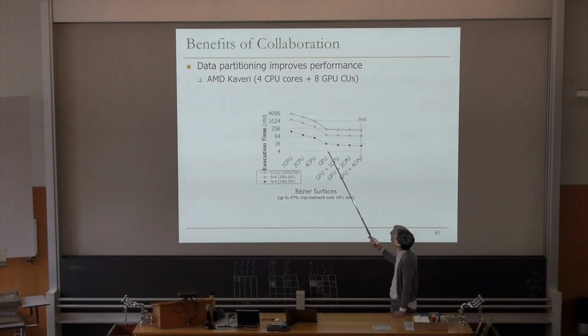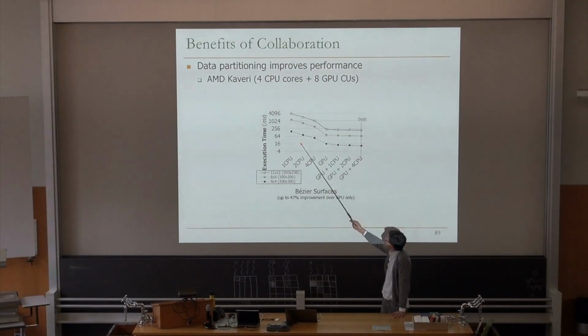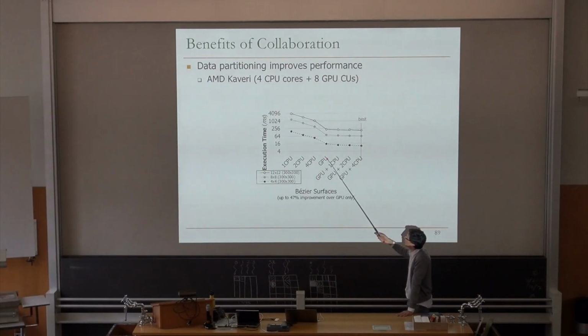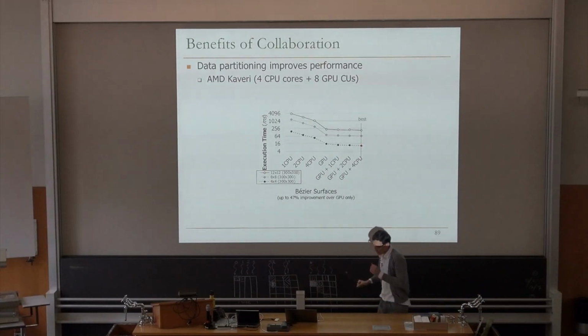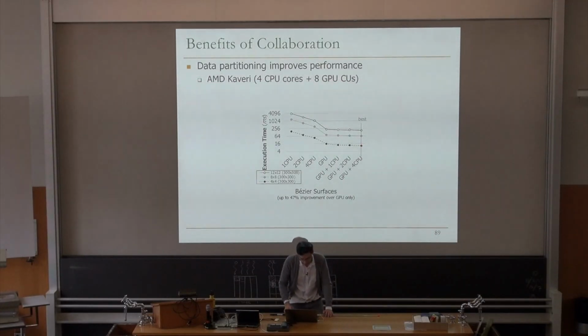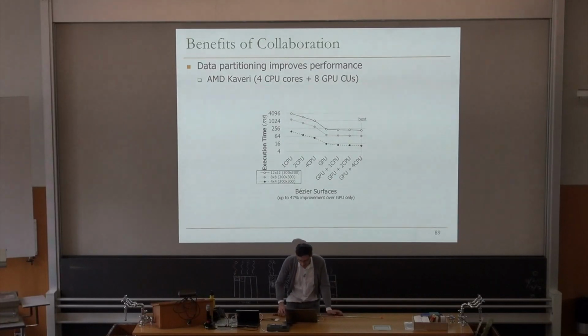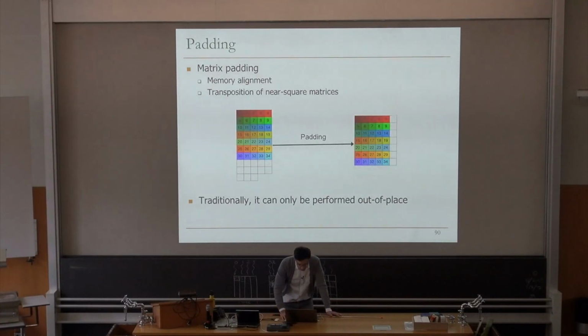You can see here some results from using one CPU, two CPU, four CPU threads, and then only the GPU, and then the GPU plus the four CPU cores. It's not that much, but you can see a little bit of a speed up from adding the CPU execution, up to 40%, a 47% improvement over GPU only. So it's not bad.